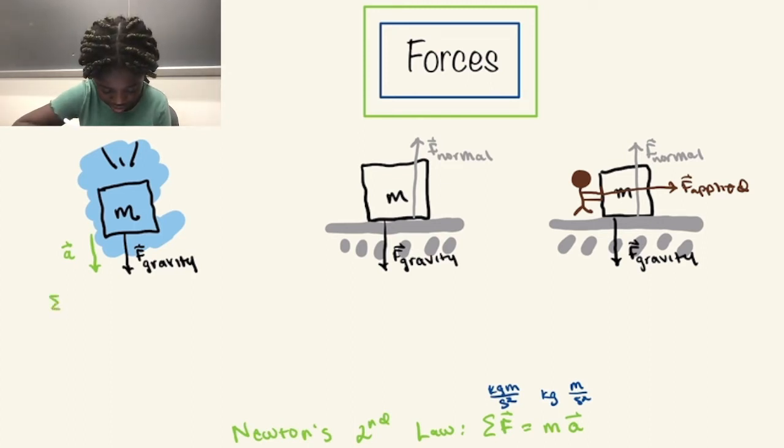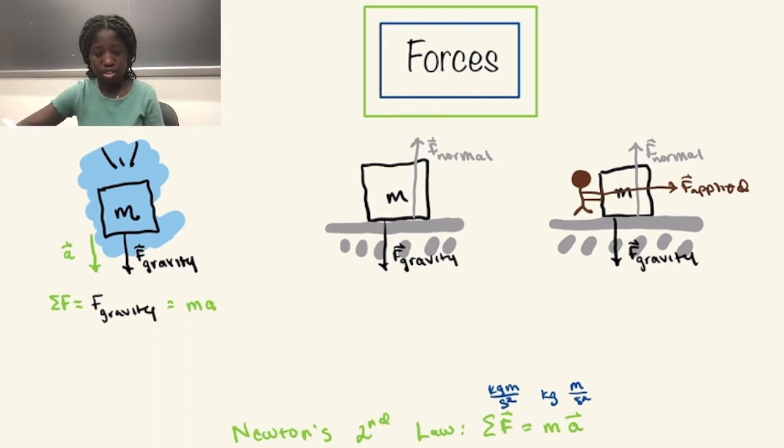The sum of the forces is equal to the gravitational force, which equals mass times acceleration. So, you can see that because the gravitational force is the only force, it makes sense that the acceleration and the gravitational force are in the same direction.